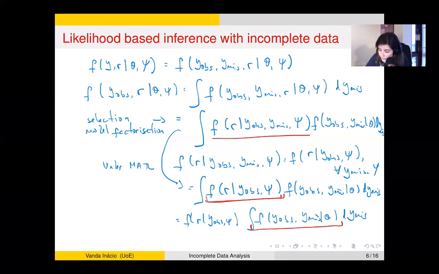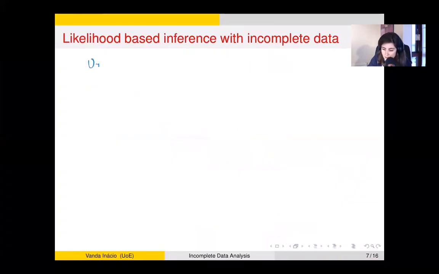And so I can write as... sorry. Okay. So what have we done? Under missing at random, we know that the model for the observed data and missing data indicators given the parameters is this.